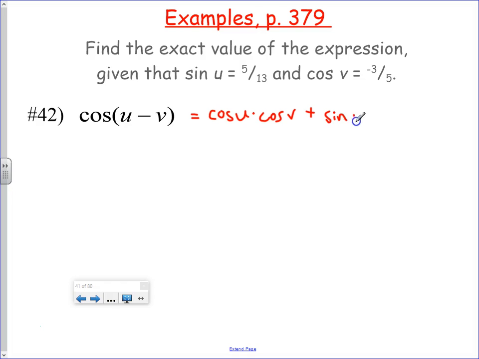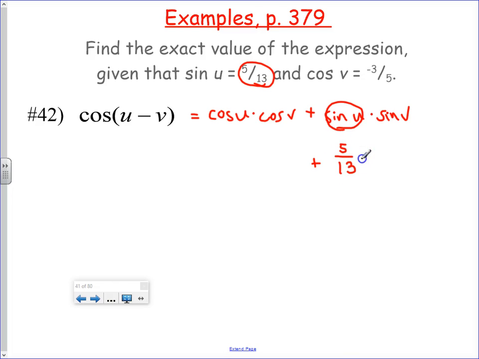Now here's the most common mistake. A lot of people see these numbers and say, we have to plug it into the u spot. No, you don't. You plug it into the whole spot. Sorry, sine of v. What does this take the place of? This whole thing. So the sine is gone, and I'm plugging in 5 over 13.